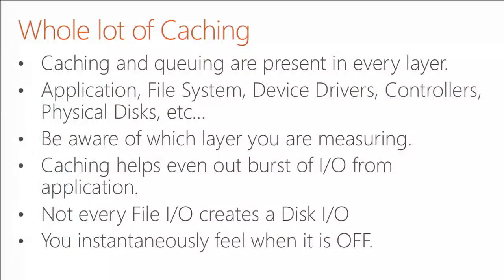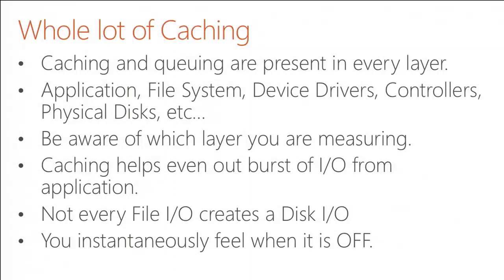Then there's caching, right? Caching happens at every single layer and every single time. You have caching on Exchange, you have caching on the file system, you have caching on the controllers, you have caching everywhere. Caching helps you because caching will level out bursts of I/Os. That's one of the most important features of caching: when I have that peak I/O that I know my hardware will not handle, caching will do lazy writes afterwards.